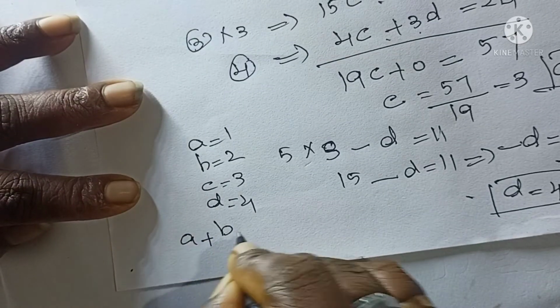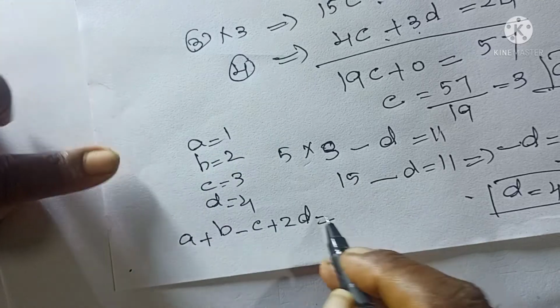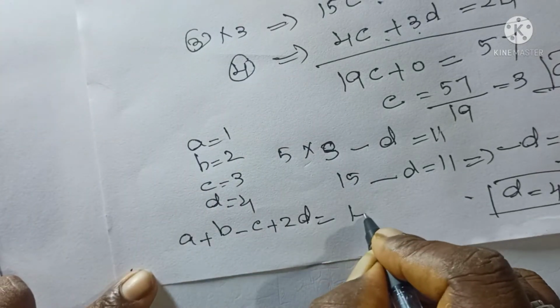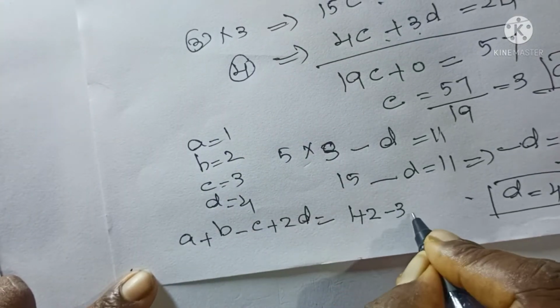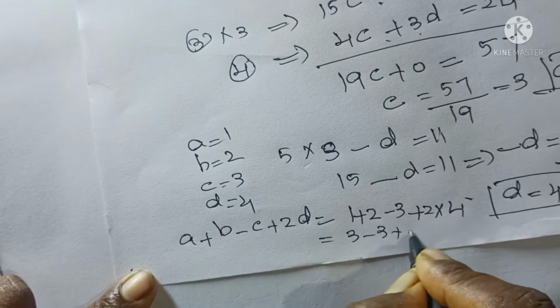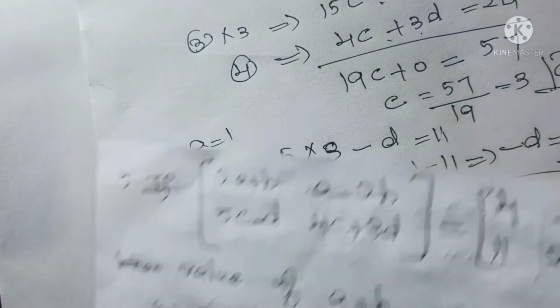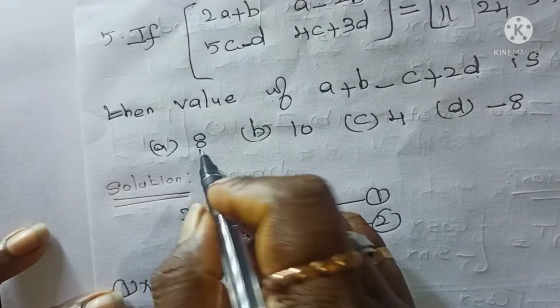A plus B minus C plus 2D, which is equal to, you have to substitute all the values here. So 1 plus 2 minus 3 plus 2 into 4, which is equal to 3 minus 3 plus 8, which is equal to 8. So option A is correct.